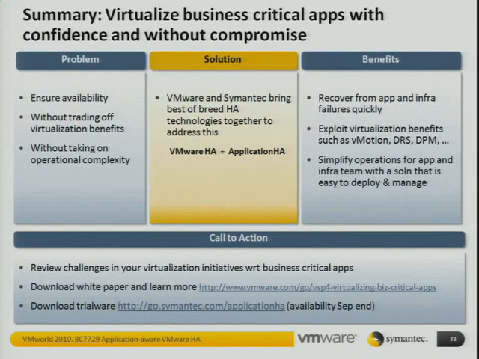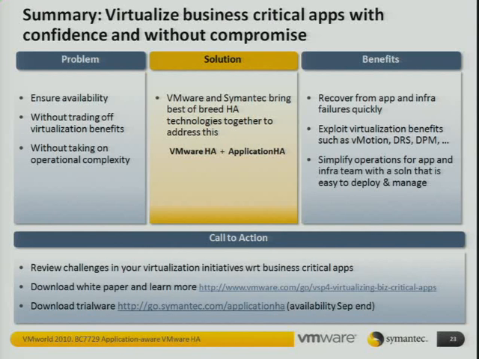And this is the summary slide, the last slide. The problem that we have been working on for the last few months is ensuring availability, but not giving up on virtualization benefits or taking on additional complexity for the end user. And we have basically tried to address that by leveraging the best-of-breed technologies between both companies, VMware HA from the VMware side, as well as Veritas Cluster Server.